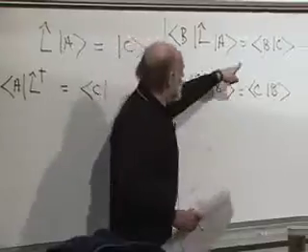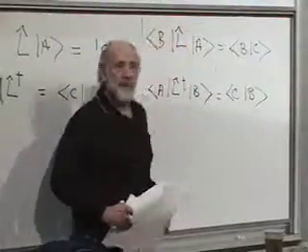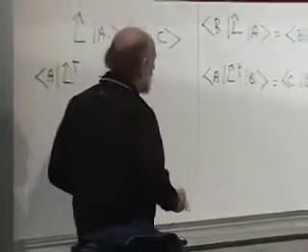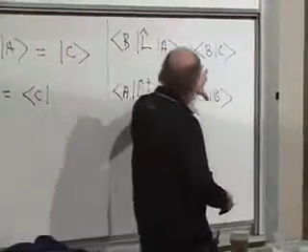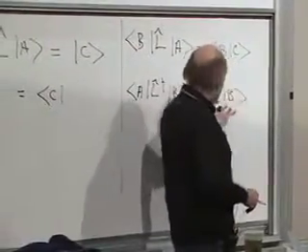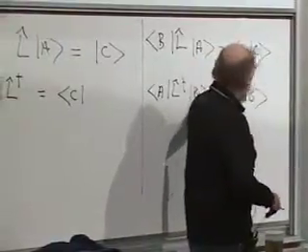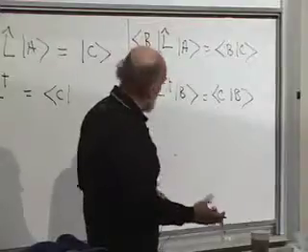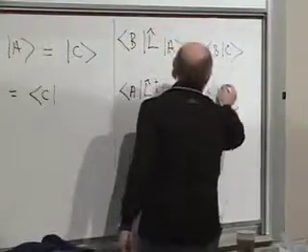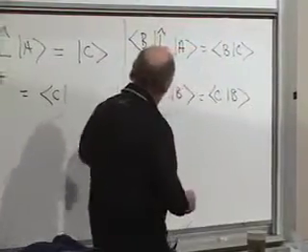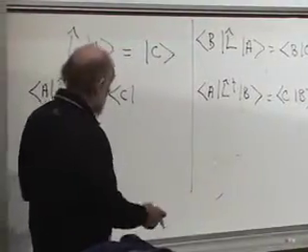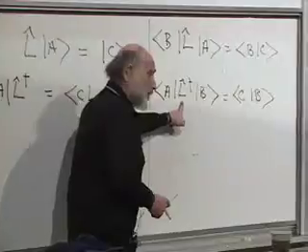Now what's the connection between the two right-hand sides here? They're complex conjugates of each other. If I take the inner product of two vectors, but then I take them in the opposite order, inverting bra to ket and ket to bra, then these are complex conjugates of each other. So these two are complex conjugates, and it follows that these two are complex conjugates. So now we can write down one of the connections between an operator and its Hermitian conjugate.